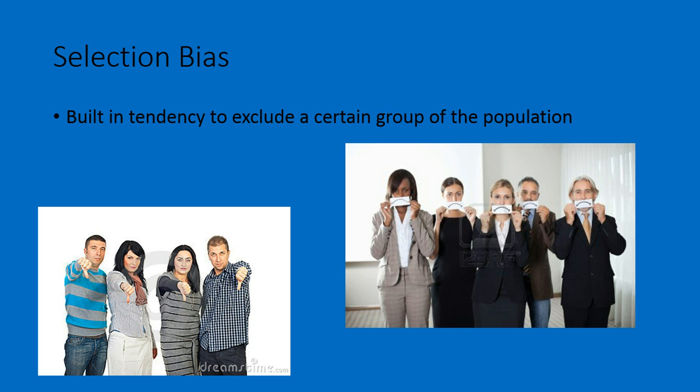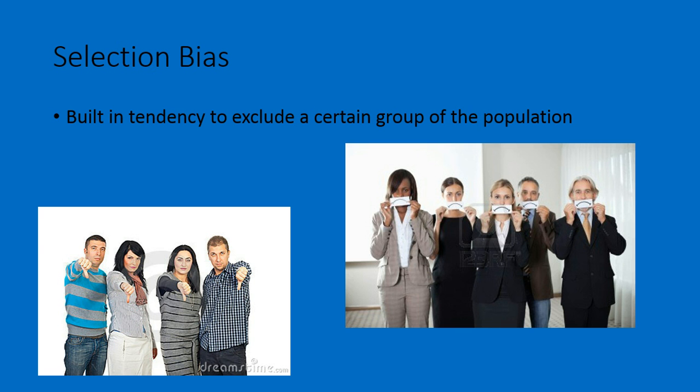All right. Now, selection bias, basically, whenever you do some sort of sampling or a survey, what's going to happen is that you're going to get some sort of bias in your survey. Okay, a lot of this is impossible to prevent, and what happens with selection bias is that it's a built-in tendency. So, if you start asking people if they drink energy drinks and you're only asking people that are up at like 12 o'clock at night, well, more than likely they're probably drinking energy drinks, so you're going to be kind of swayed.